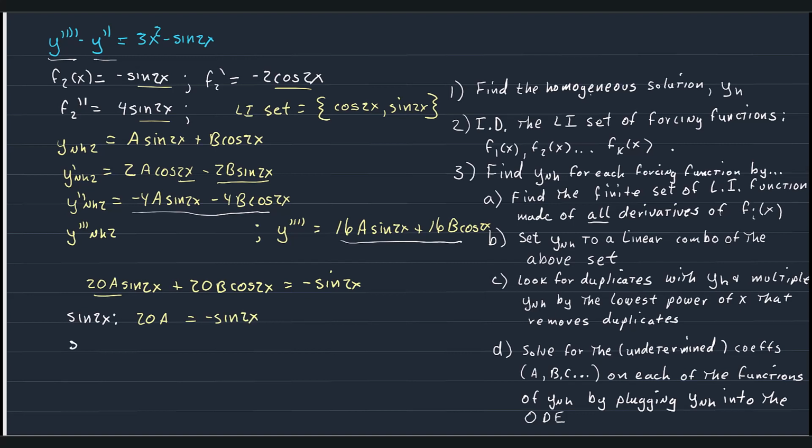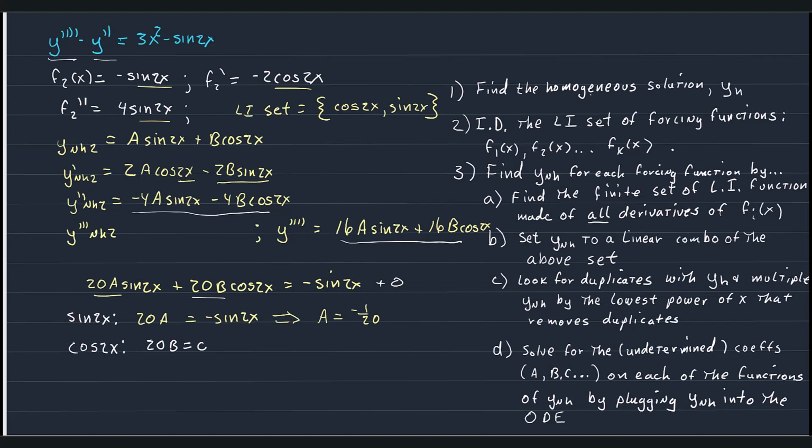Our second linearly independent function is cosine 2x, and we have 20b, and then we have 0 cosine 2x's. So we have 20b is equal to 0.